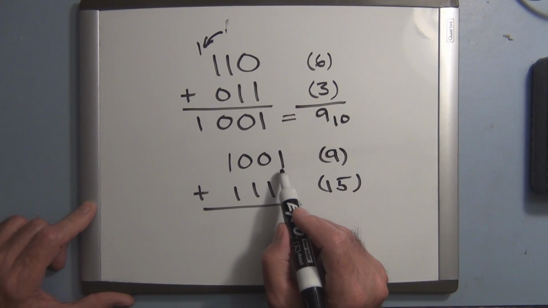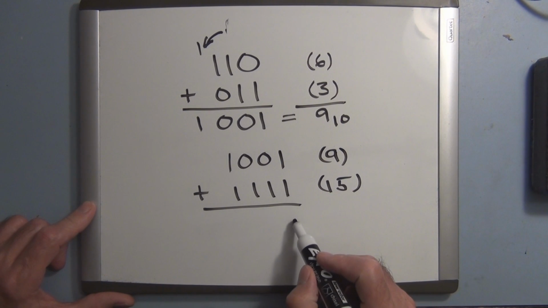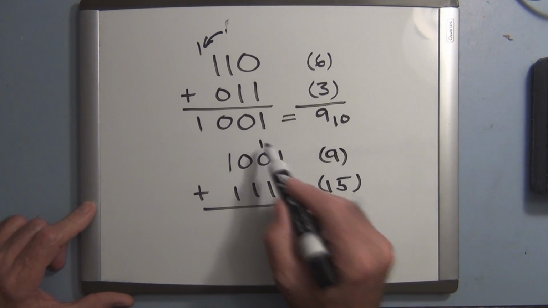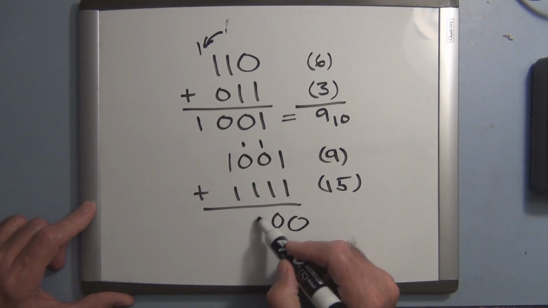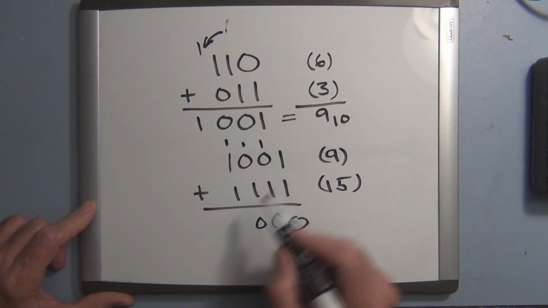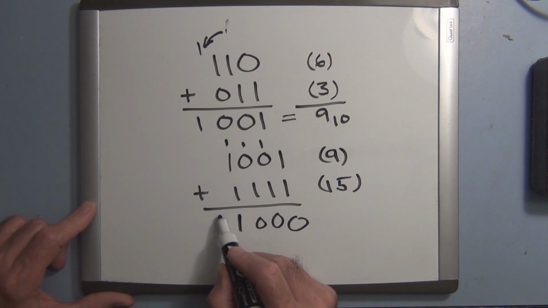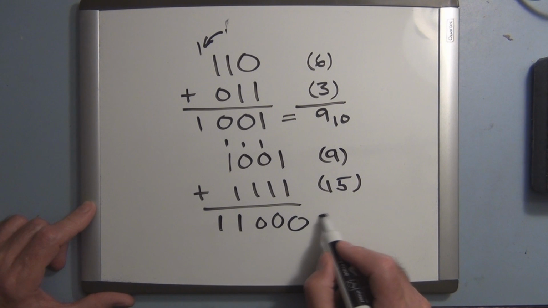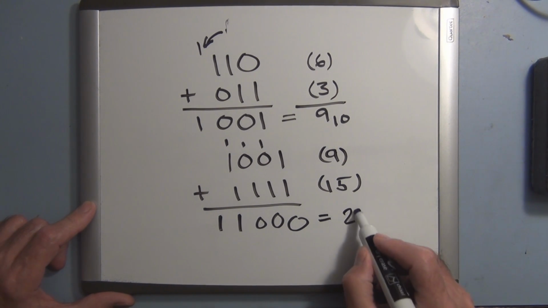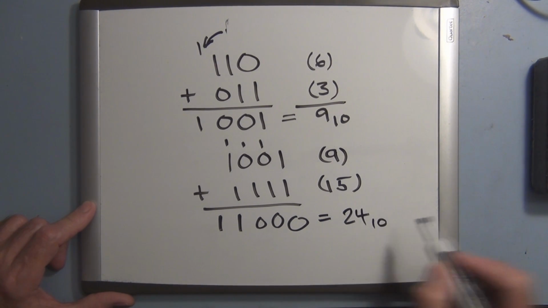And here we have 9. So we have a 1 and a 1, which is 0, carry the 1. That's another 0, carry the 1, and another 0, carry the 1. And now we have a 1 and a carry of a 1. And that's equal to 24 in decimal.